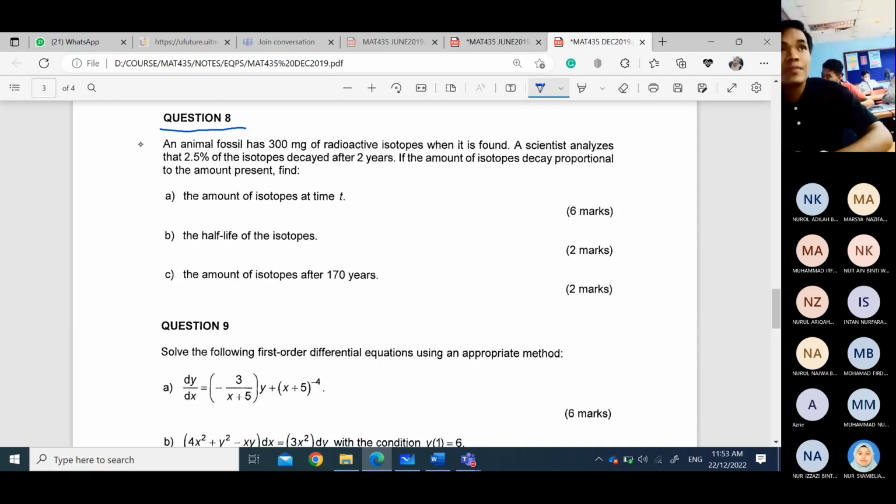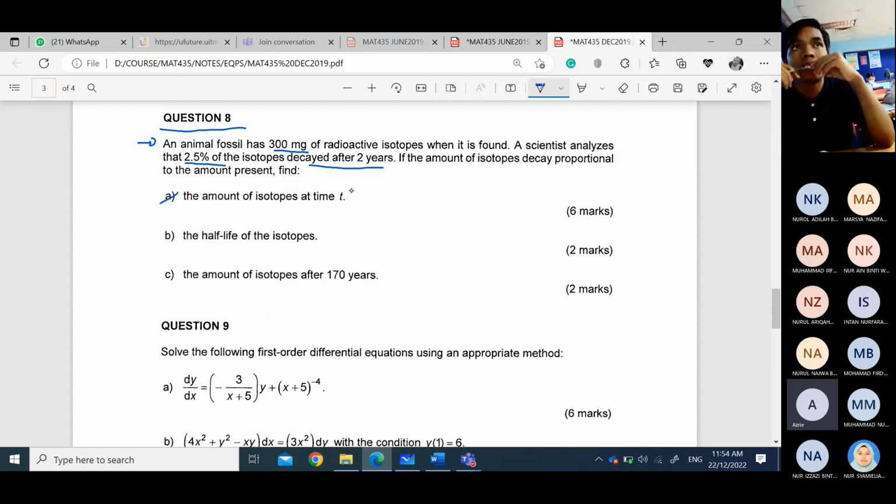Okay, look at this question 8. So this one is about animal fossil. An animal fossil has 300 milligram of radioactive isotopes when it is found. Scientists analyzed that 2.5% of the isotope decay after 2 years. Mereput selama 2 tahun. If the amount of isotope decay is proportional to the amount present, find the amount of isotope at time t.